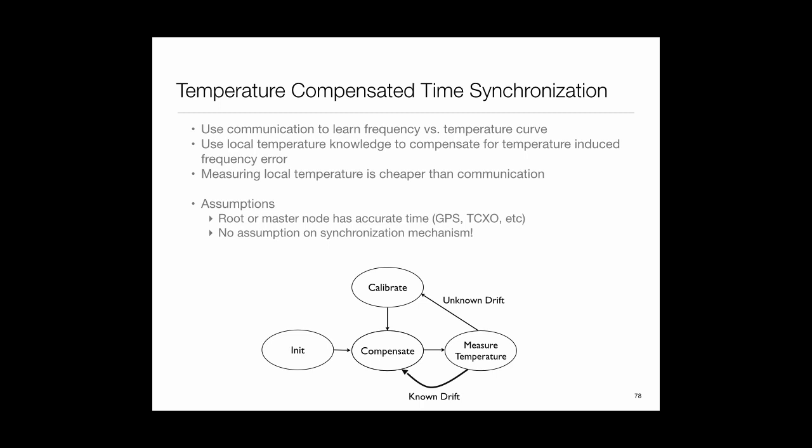Since you don't know the mapping, you refer to the reference clock much more frequently. But each time you do it, as you learn your clock's drift characteristics, you note it down by also looking at the temperature sensor that you have.